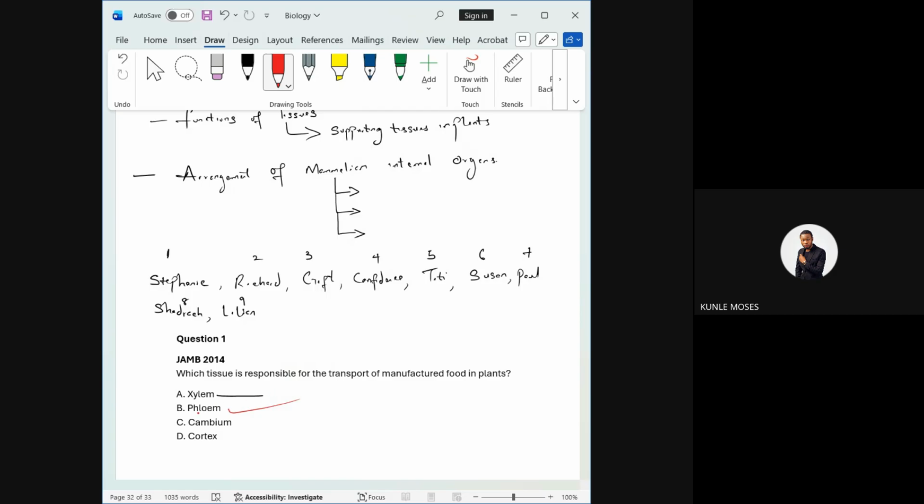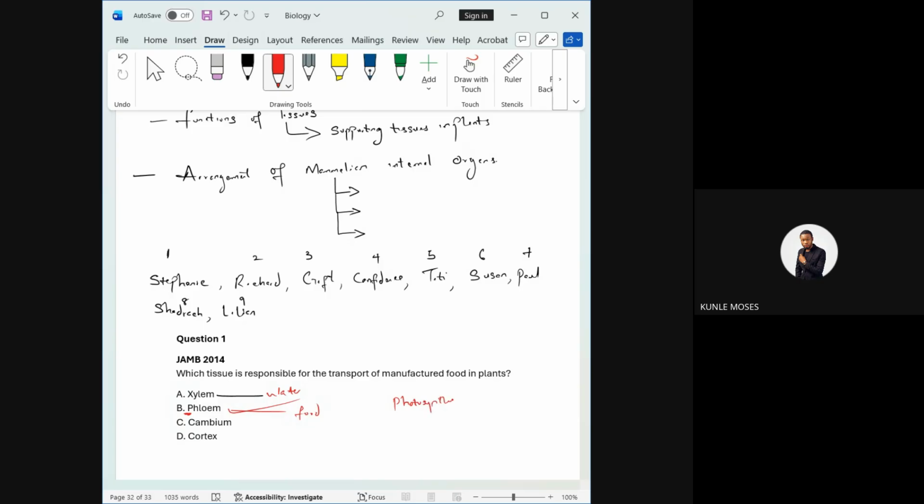So you can see, I told you that people make mistakes with the two. Xylem is for water. Phloem is for food. And how do you know the difference? This is how you know the difference. P, I don't know if that will work for you. P, photosynthesis simply means green plants manufacturing their food by themselves.